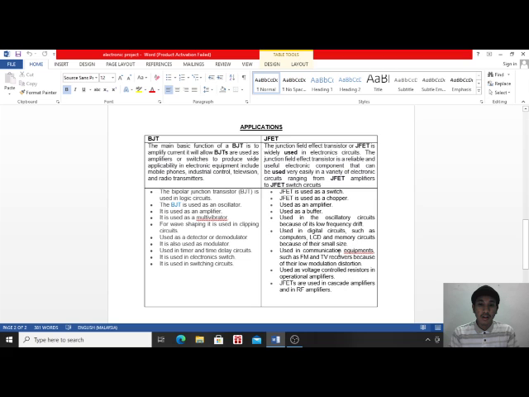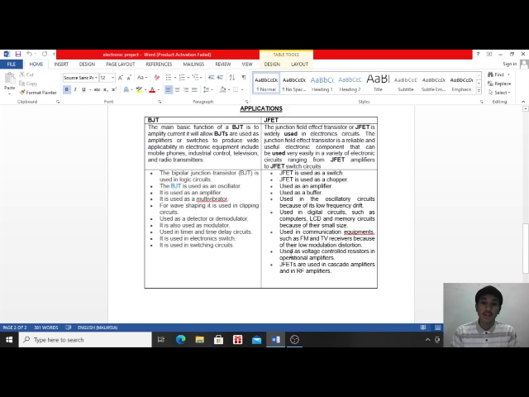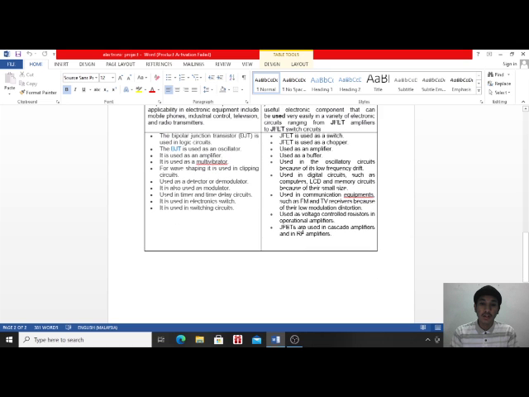And in communication equipment such as FM and TV receivers because of their low modulation distortion. And as a voltage control resistor in operational amplifiers. And last, JFETs are used in cascade amplifiers and in RF amplifiers.